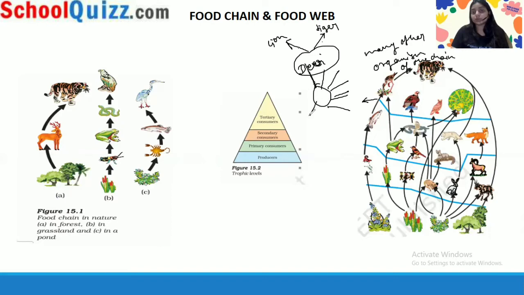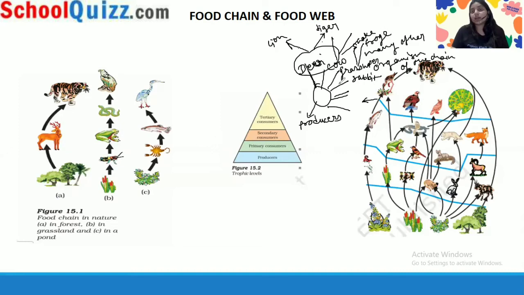If this is a producer, this will be eaten by the deer or the cow or the grasshopper, or the rabbit. Okay, so this cow will be eaten by any other three organisms. This grass will be eaten by the snake or the frog.